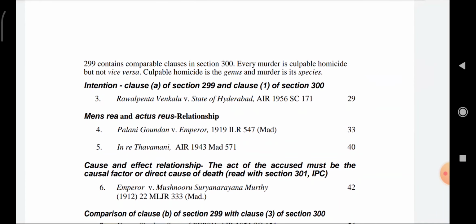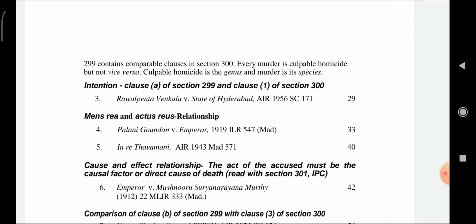Intention: clause A of section 299 and clause 1 of section 300 relate to intention. There is a leading case to understand intention: Rawalpenta Venkalu versus State of Hyderabad, AIR 1956 Supreme Court 171.